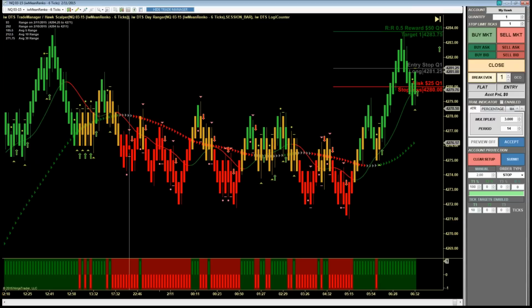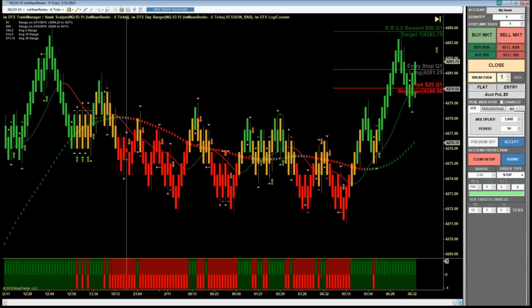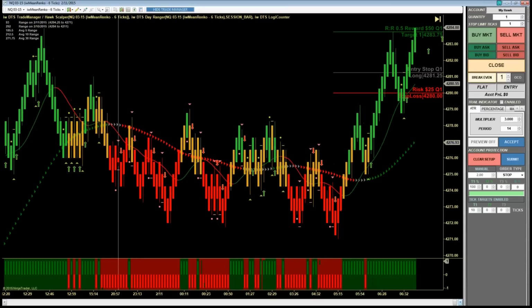Now, here's the other part of the equation that a lot of people miss. A lot of people think they've got to do all this stuff about risk-reward ratios, right? I got to have at least a 2-to-1 risk-reward ratio. So if they look at the resistance up here and say, okay, that's going to be my profit target, I'm going to be really smart, I'm only going to risk 1 contract, I'm only going to risk $25 to get my 2-to-1. Well, what are you doing?